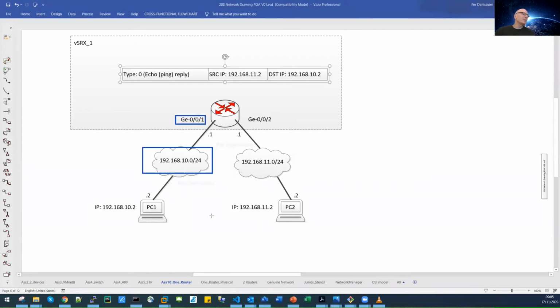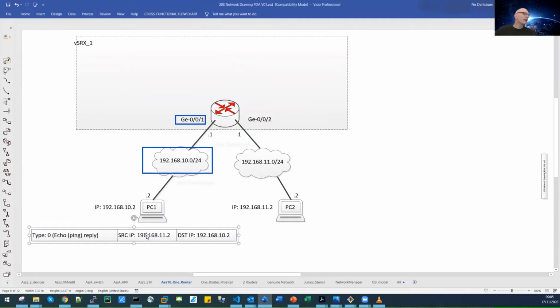That's where the 10 network is sitting, and it will send the packet out here over to PC1, and then PC1 will receive that and see what it has to do with it. That was the router routing from the 11 network over to the 10 network.